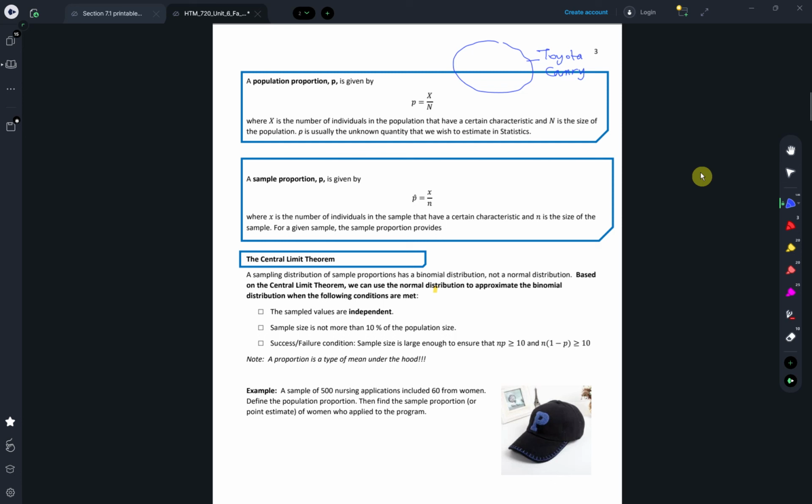What is the current proportion or fraction or percentage of all Toyota Camry cars that are currently sitting at the mechanic's workshop? Is it 50%? Is it 75%? Is it 20%? If that population proportion is unknown, our interest might be to first define the unknown.